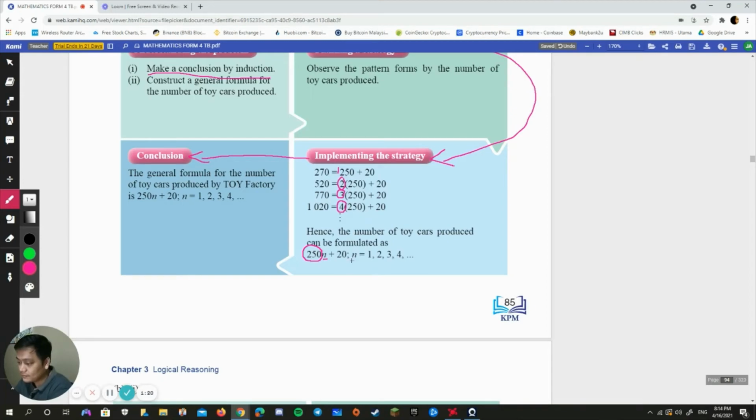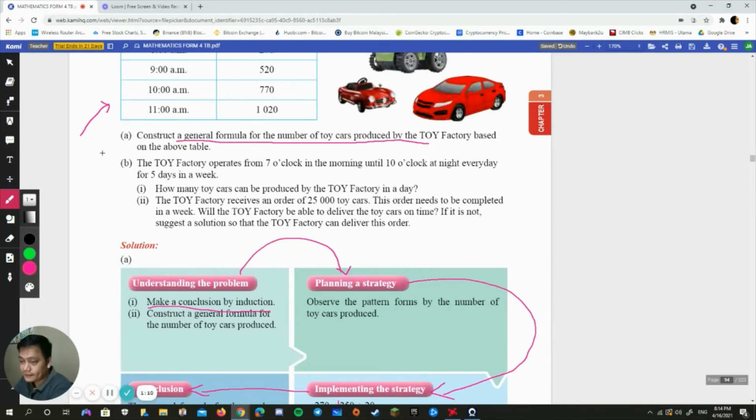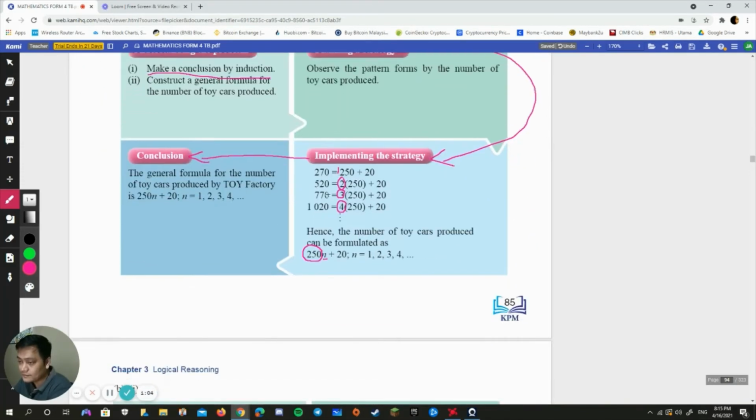Then you mention the value of n, where n equals 1, 2, 3, 4, and so on. Alright, so the general formula for the number of toy cars produced by the toy factory is 250n plus 20, where n equals 1, 2, 3, 4, and so on.